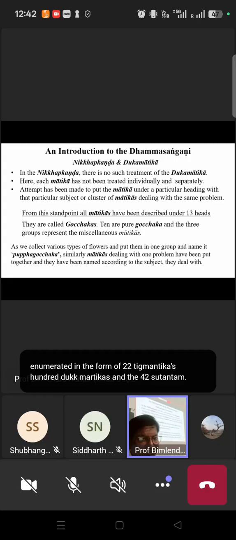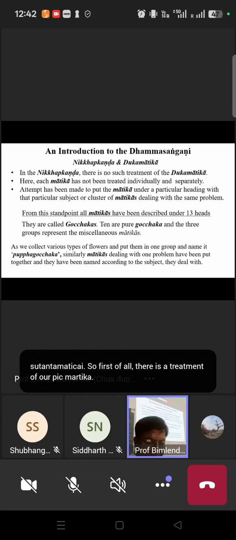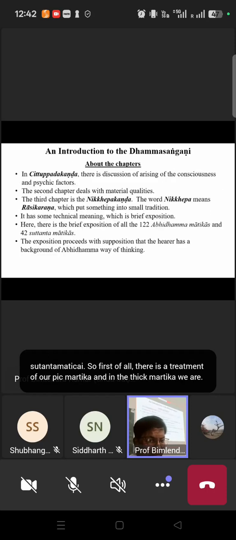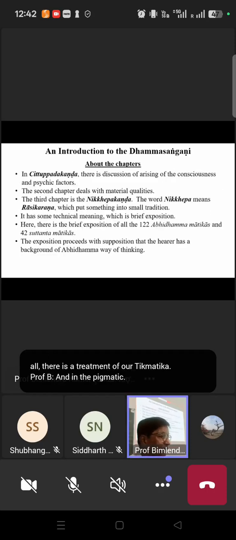So first of all, there is a treatment of our Tikamatika. In the Tikamatika we have three questions, starting from the Kusalatika, Vedanatika, Vipakatika. If you see, all of them have been discussed here.